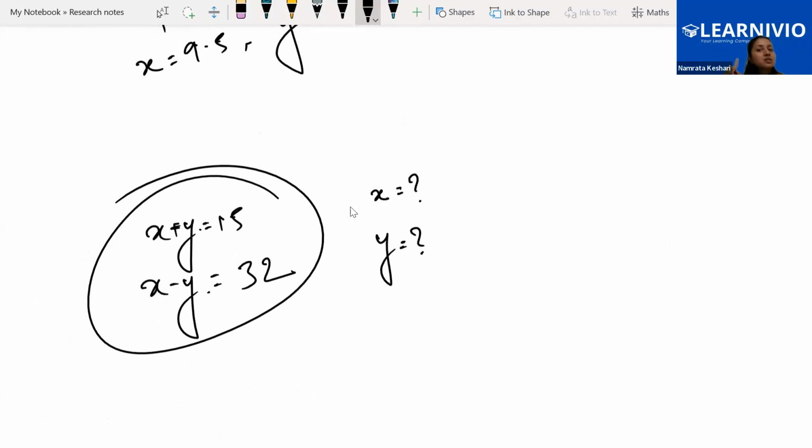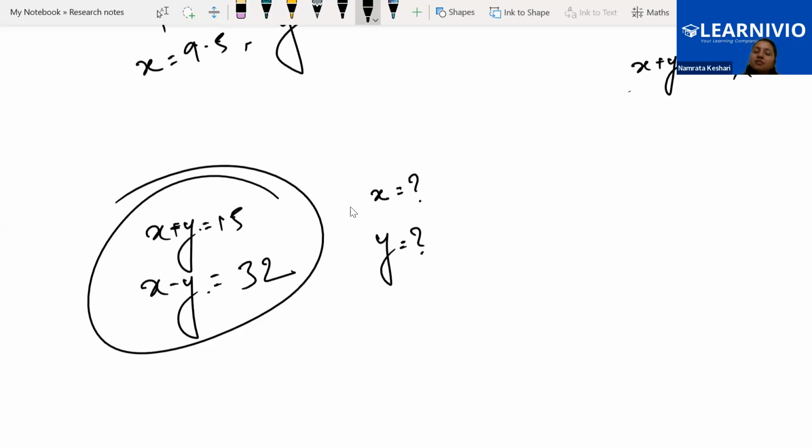That we are going to discuss in higher class. But if I just give you x plus y equals 15 and ask you to find x and y from here, that is not possible. So you can understand that a linear equation in two variables we won't be able to solve. We need one more equation to solve.